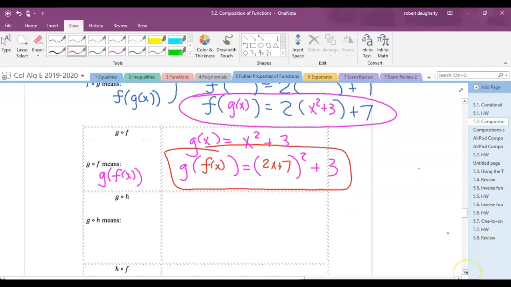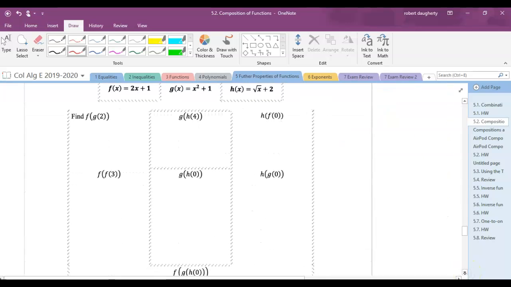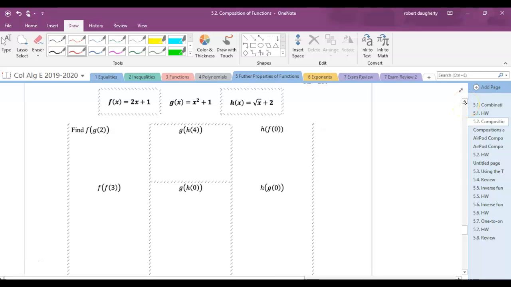I'll skip this next one. When I'm asking for specific values right here, if I want to find F of G of 2, this is where I start in the middle, because I want to figure out what G of 2 is and then plug that into what? F. So what is G of 2? G of 2 is going to be 2 squared plus 1, which is 5.